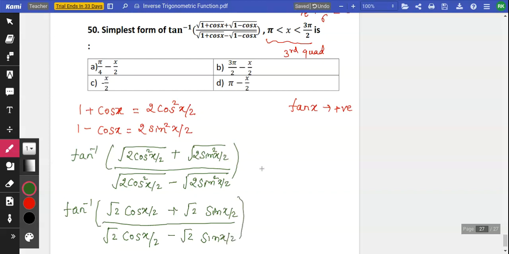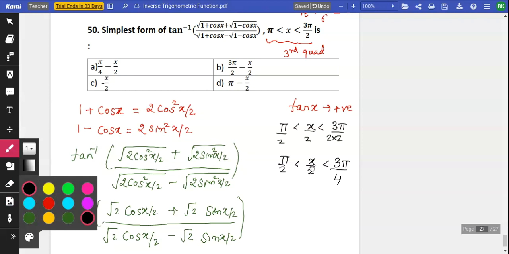Basically, our x is lying in the third quadrant. Here the angle is x by 2. Now we have to check where x by 2 lies. Basically, pi is less than or equal to x, less than or equal to 3 pi by 2. If you divide by 2 on both sides, it becomes pi by 2 is less than x by 2, which is less than 3 pi by 4. Now our x by 2 is lying in the second quadrant because x by 2 is greater than pi by 2 and less than 3 pi by 4.